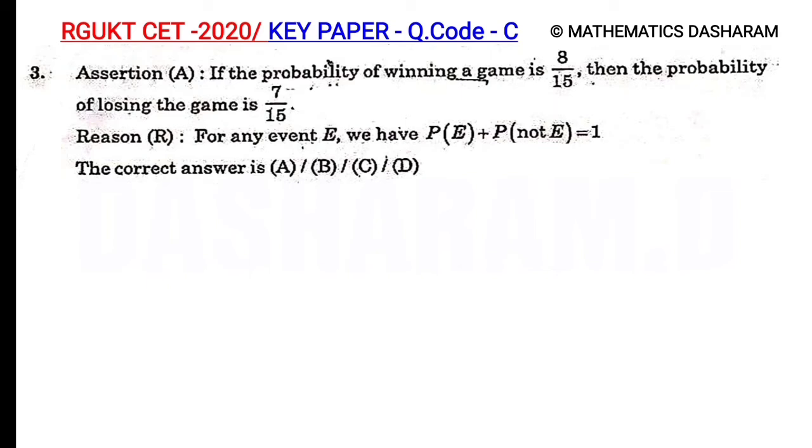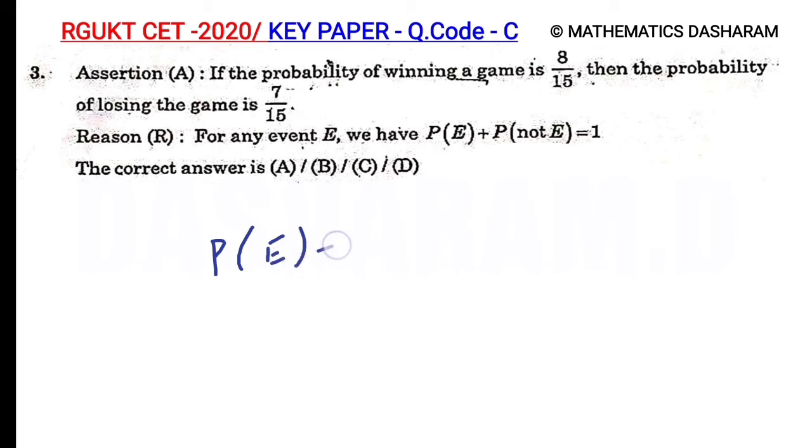Third question, if the probability of winning a game is 8 by 15, then the probability of losing the game is 7 by 15. In a game there are two possibilities, either win or loss. So, these two are complementary events. We know very well the complementary events are E and E dash.